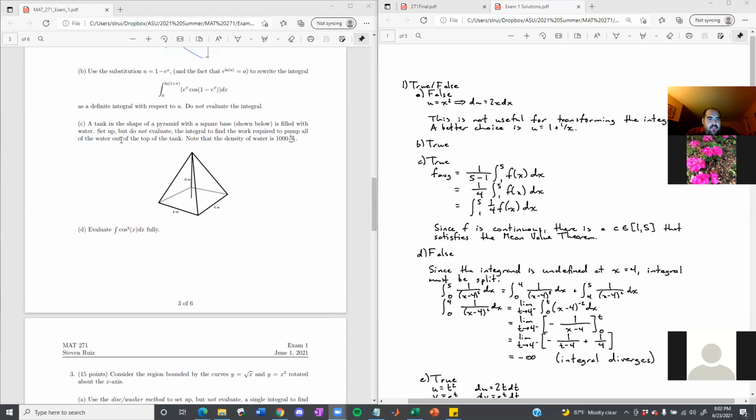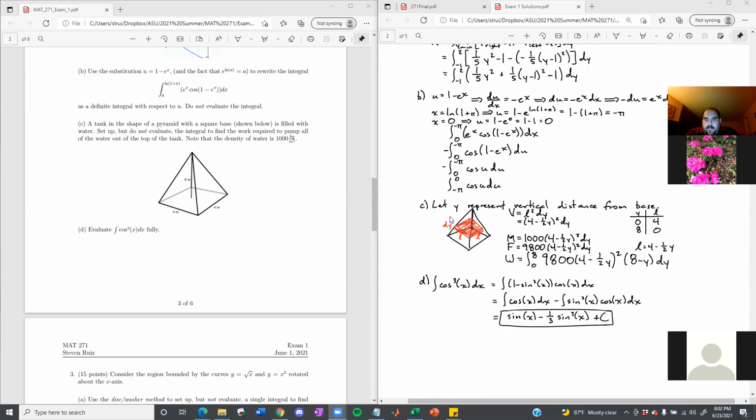Okay, so I have a tank in the shape of a pyramid, square base pyramid, full of water, and I want to pump all the water out of the top of it. So that is 2C.